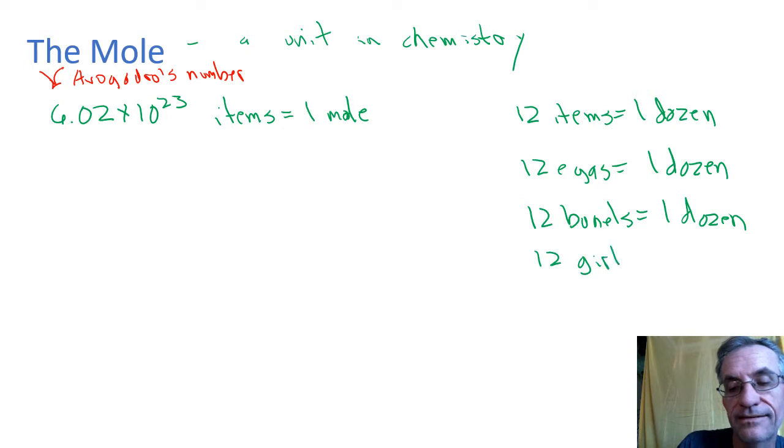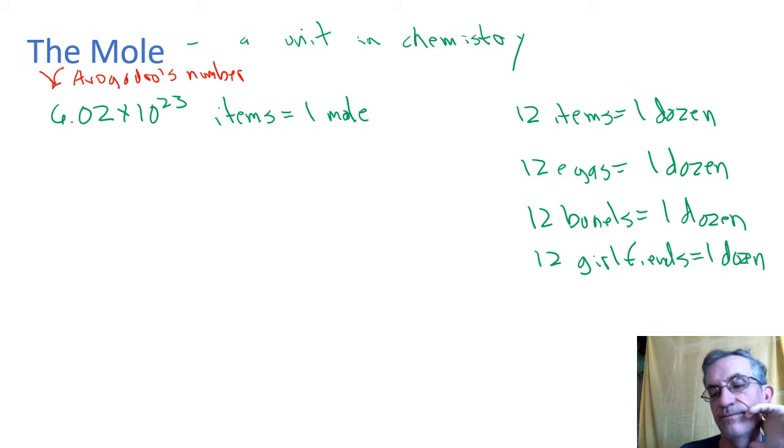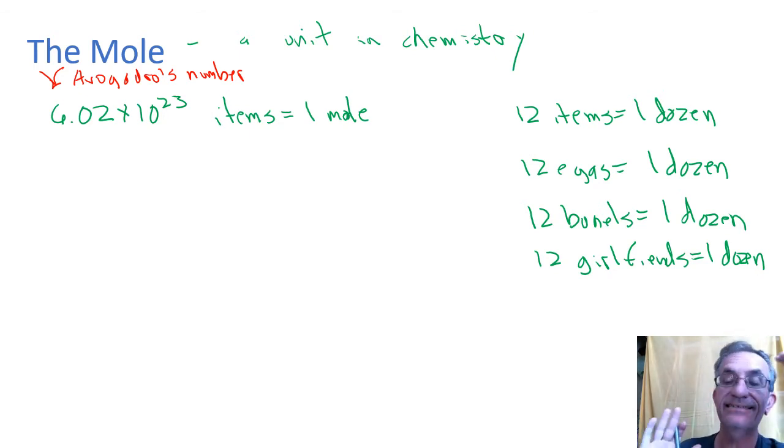That's a dozen. You're probably a little overwhelmed if you got 12 girlfriends, right? If you have 12 of anything, I could say you got a dozen. It's the same thing with this 6.02 times 10 to the 23. That amount of anything is called a mole.